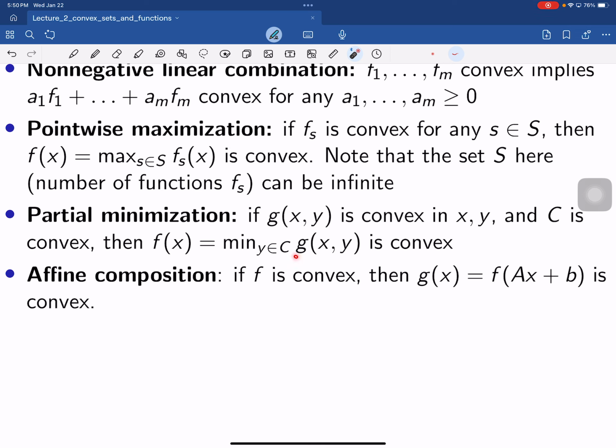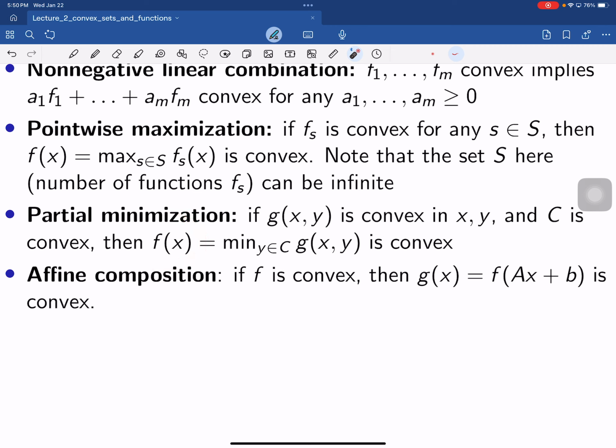Remember, g of x and y is convex in both x and y, and C is a convex set, right? By definition, that is a convex optimization problem. You minimize a convex function over a convex set. So this is something called parametric optimization, meaning that this problem is parametric with respect to x, right?